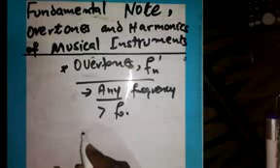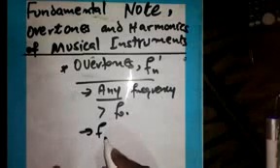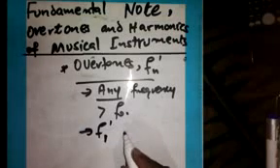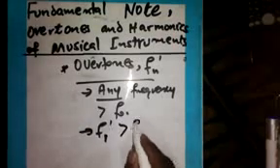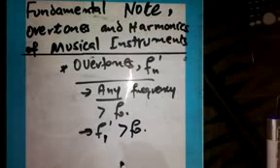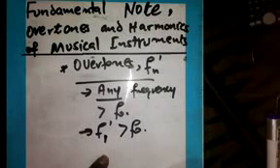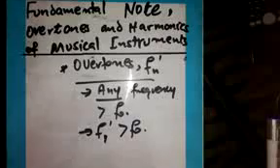The first overtone is the frequency which is higher than the fundamental frequency. The first overtone is the lowest frequency but higher than the fundamental frequency.